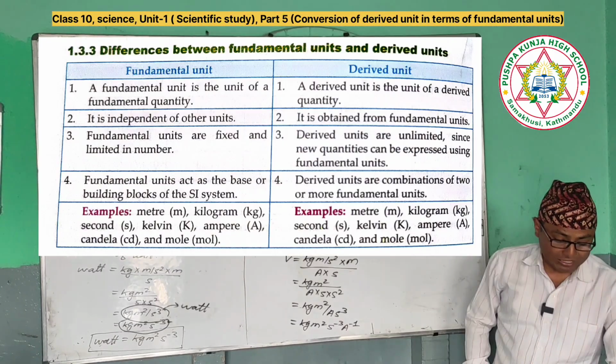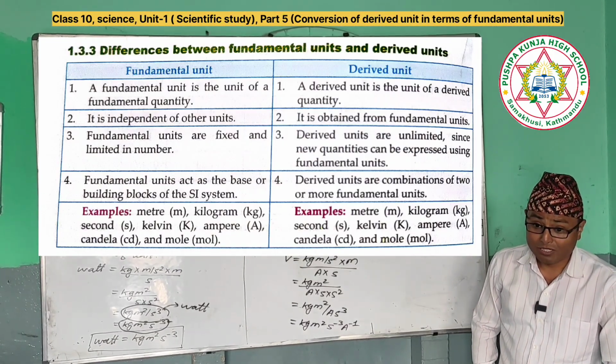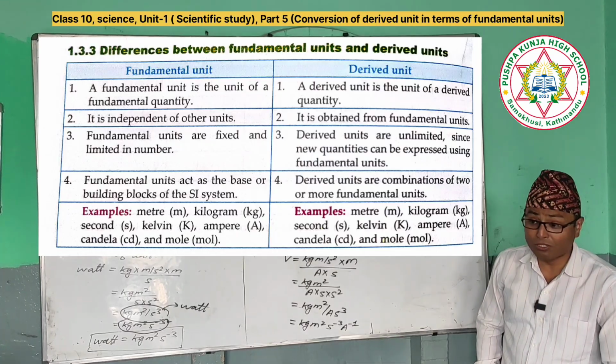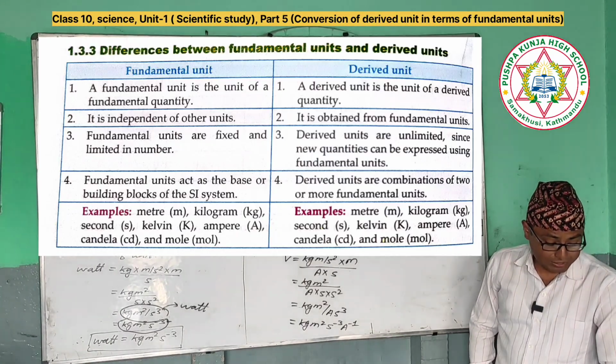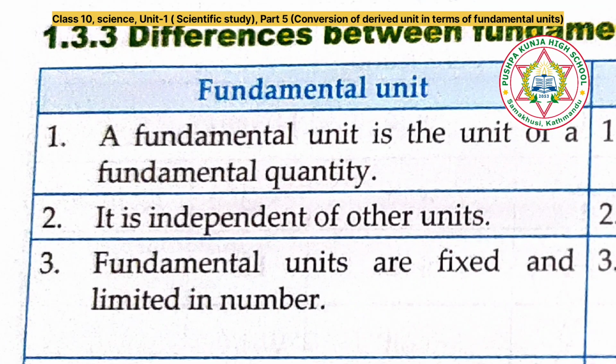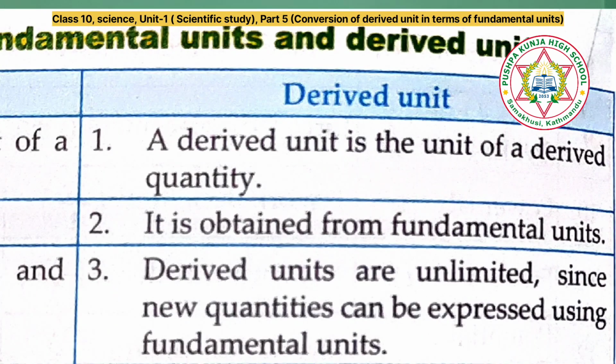Now you see the difference between fundamental unit and derived unit. Number 1: fundamental unit is the unit of fundamental quantity, and derived unit is the unit of derived quantity.